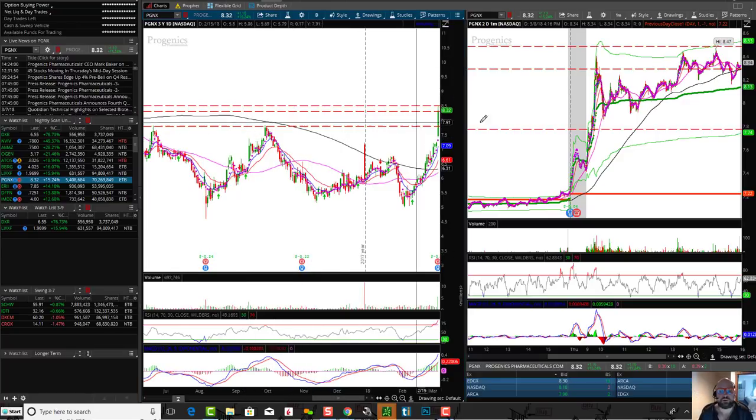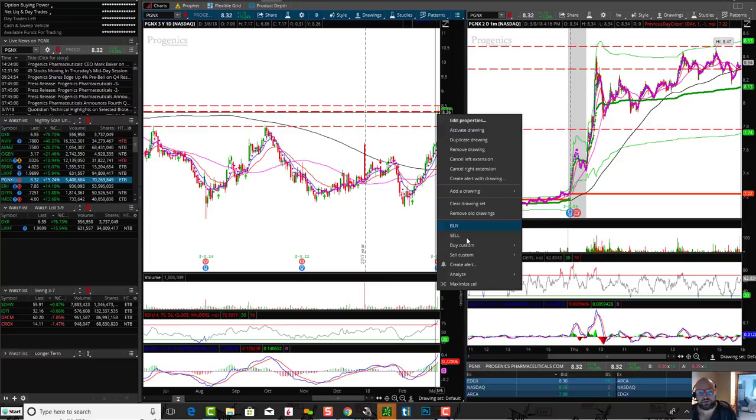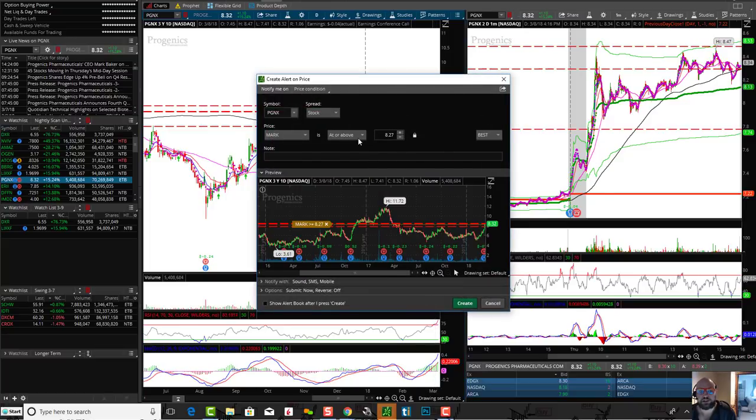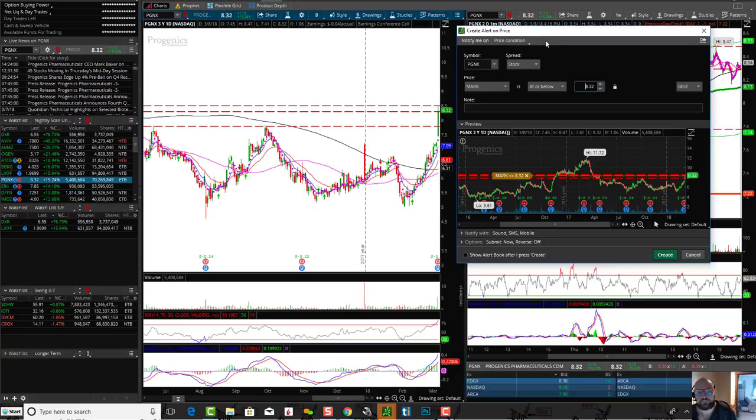So this one might be a potential short, plus it's easy to borrow, so you can borrow it from Thinkorswim. So I would put this one as a potential short at or below 8.32. Possible short after 3 green days.